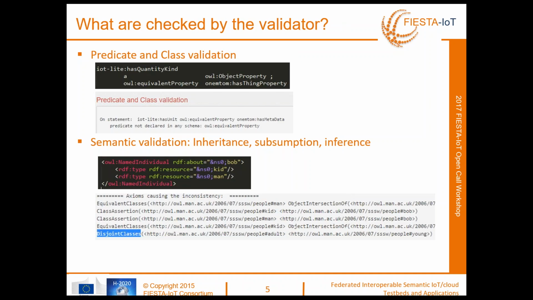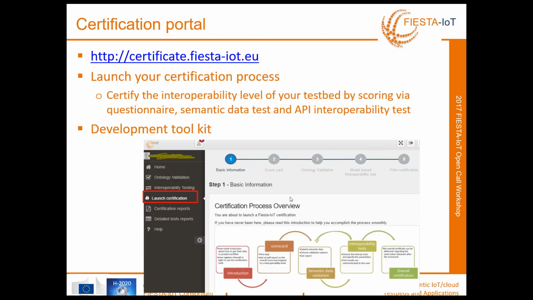So if you have all the fields green, your annotator is a good one, and the data from your annotator can be submitted to the FIESTA IoT platform. And the next one is about the certification process.